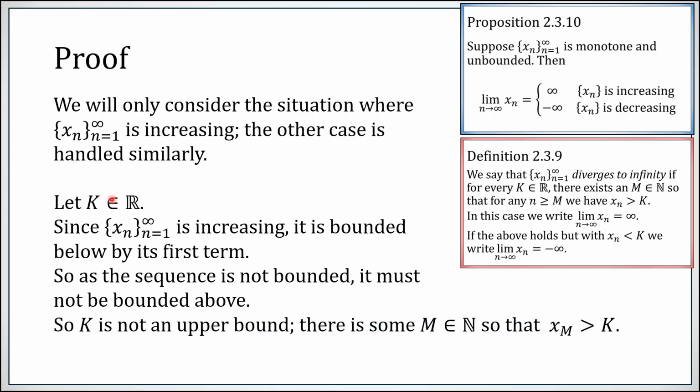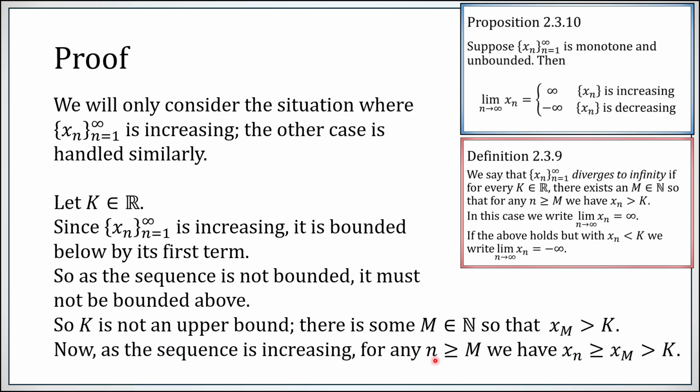This k that we picked is not an upper bound, so there is some term of the sequence bigger than that. But now, since the sequence was assumed to be increasing, every term past that point is bigger than k. And that's exactly what we had to accomplish in definition 2.3.9. We found an index past which every term is larger than k, and we were able to do this for any real number k.